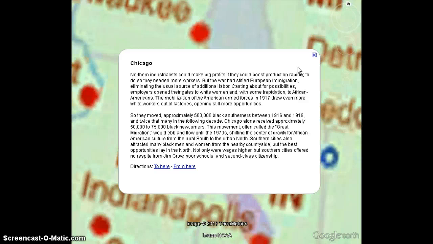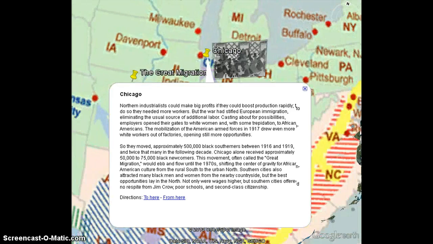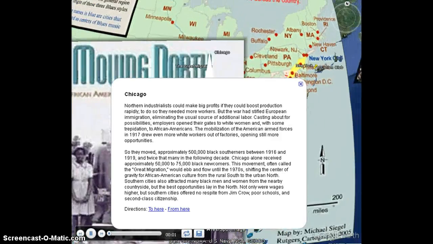So when they usually had jobs open for all of the immigrants, they were no longer able to fill those because, like I had said, all the guys went to fight in the war. So they recruited all of these African Americans from the South, and they were able to obtain work up in the North.